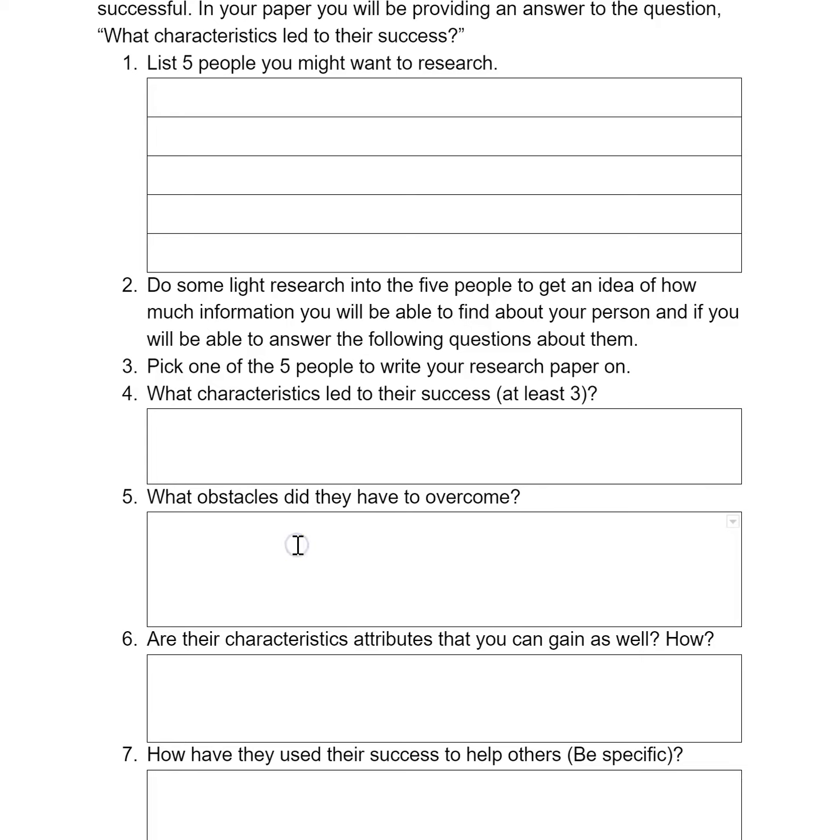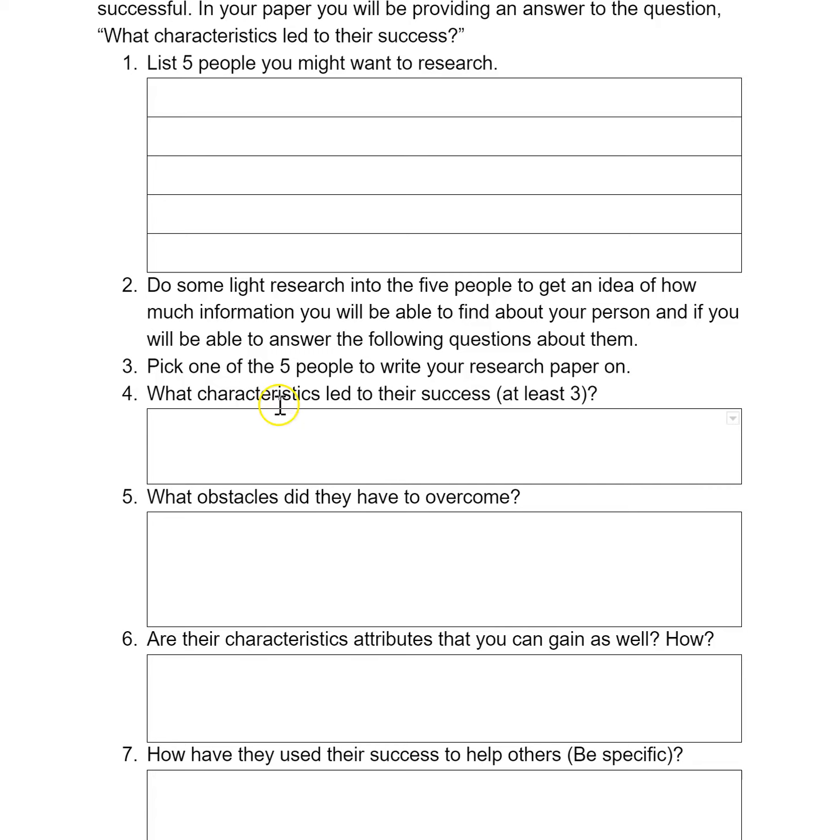You cannot just write in here, they had no obstacles to overcome. Okay, that means I'm going to say, well, you picked a poor choice for your research paper if you can't answer all the questions. So I would just say, pick somebody else. Okay, so that's why you're doing this light research first, so you can decide, okay, am I going to have enough to write about on this particular person? Okay.